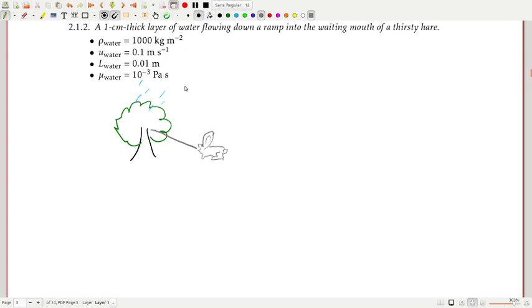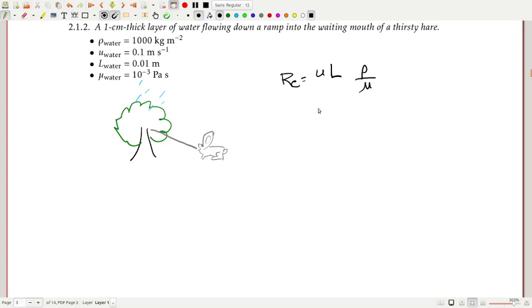So, first off, density of water is 1,000 kilograms per cubic meter. And so let's just write out our Reynolds number definition again. So Reynolds number is equal to velocity times length scale times density over dynamic viscosity.